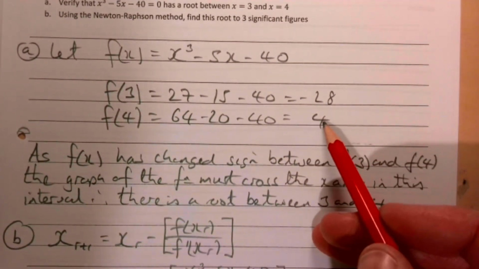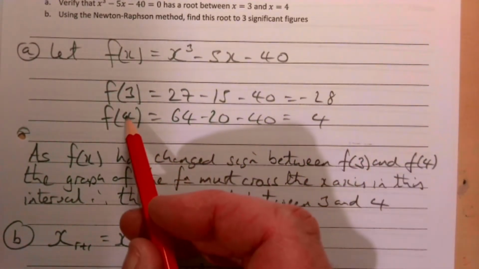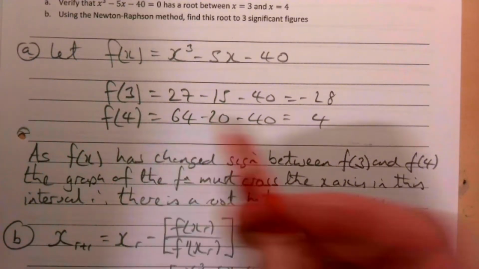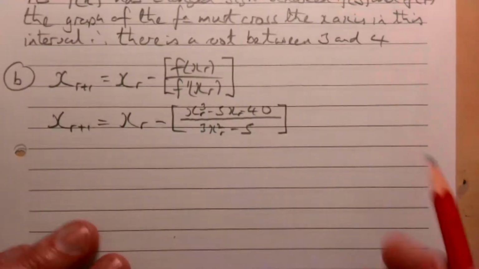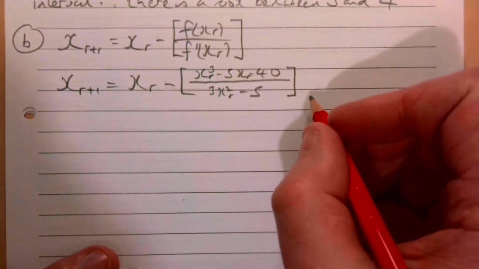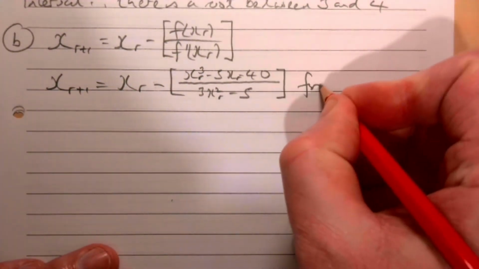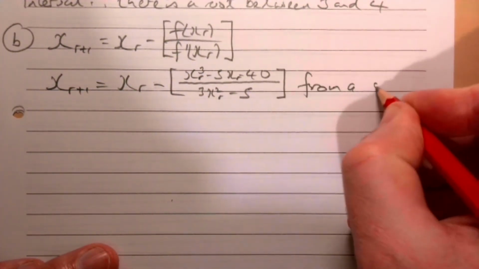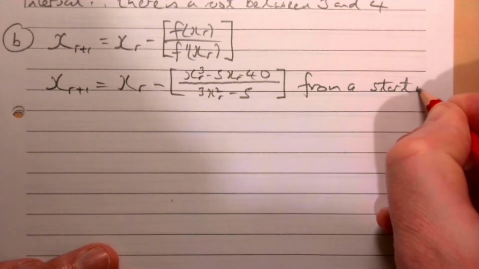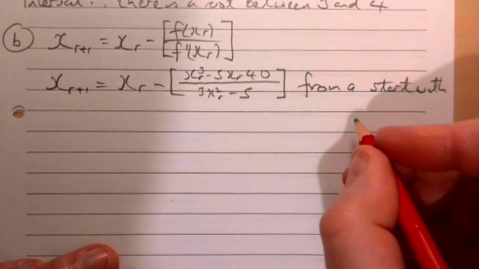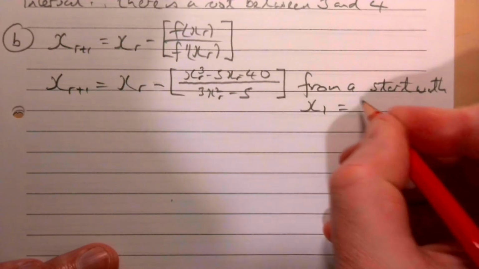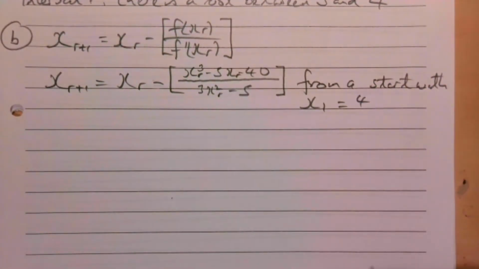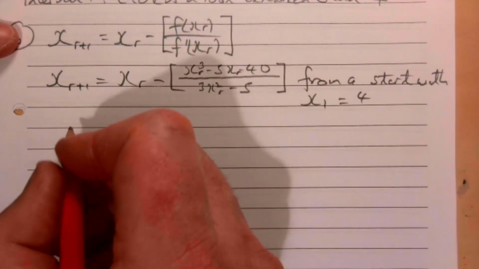Because 4 is closer to 0 than minus 28, so I reckon 4 is going to be a better option for a root. So start with x1 equals 4.